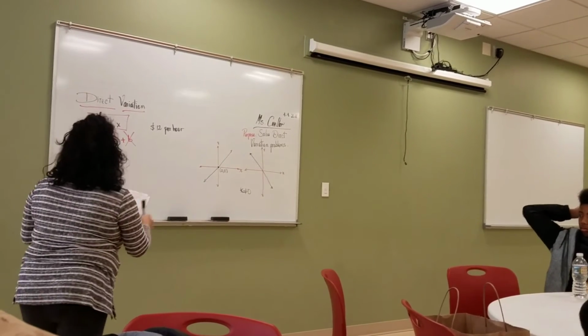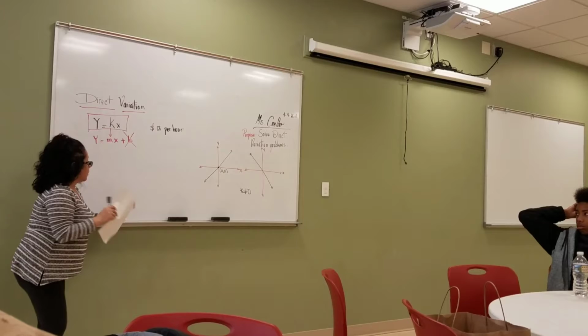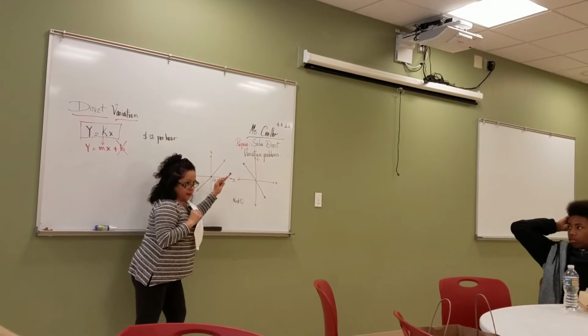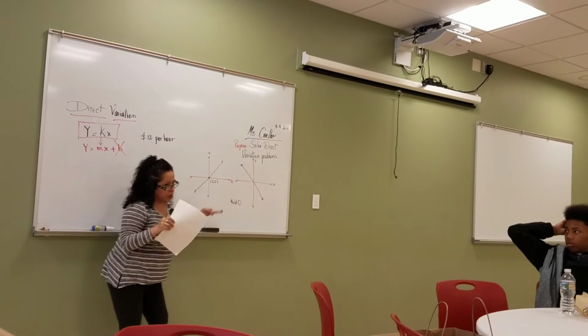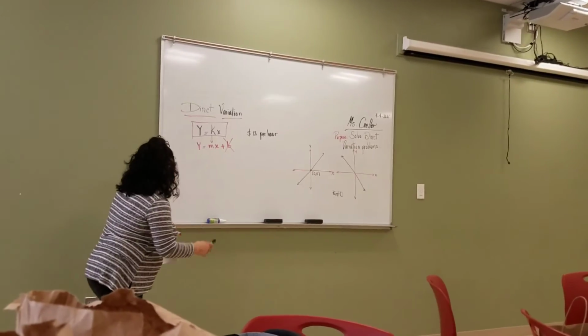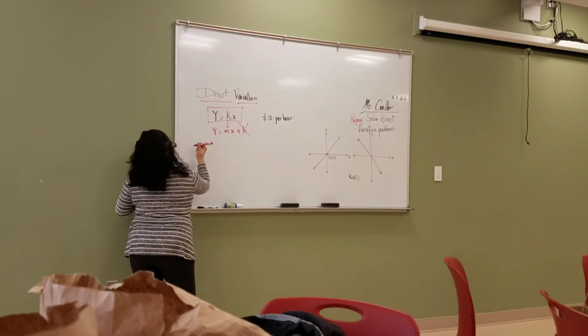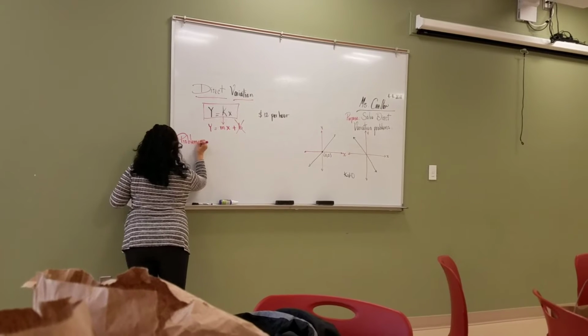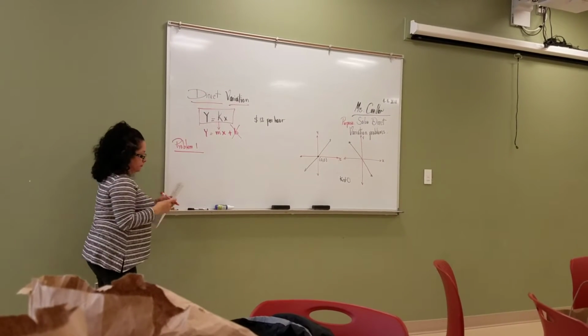Let's see. So we said that the graphs are always going to be passing through the origin, and we're not going to be graphing. We're going to be solving problems, and let's do problem number 1. You may want to copy this. Okay.